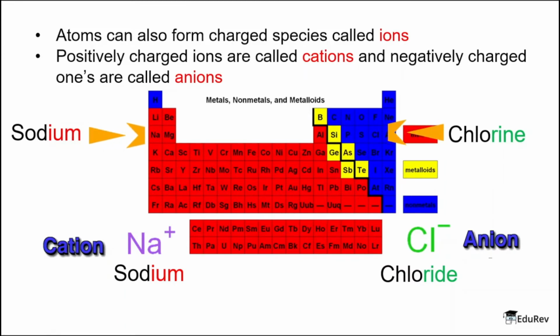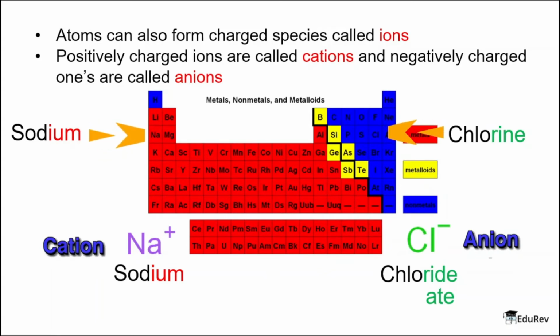Whereas nonmetals in their negative state will have an IDE or ATE in the end. For example, chloride has IDE, fluoride, bromide, iodide, all these elements when they form a negatively charged species have an IDE or in some cases ATE at the end.